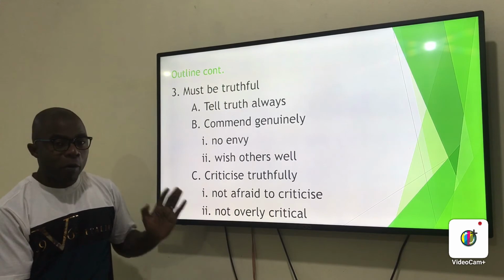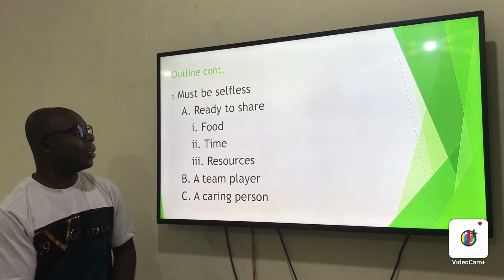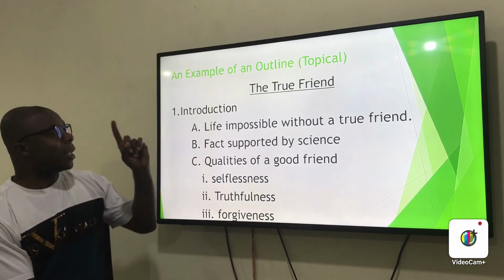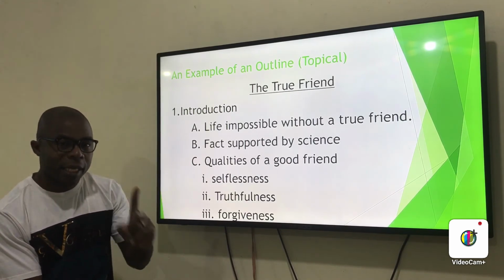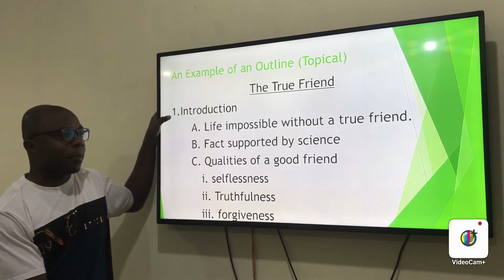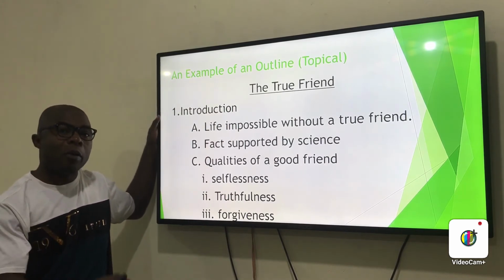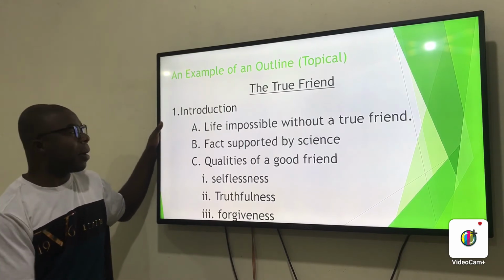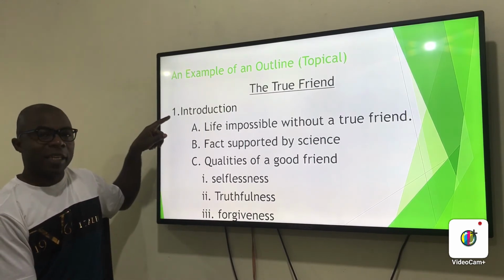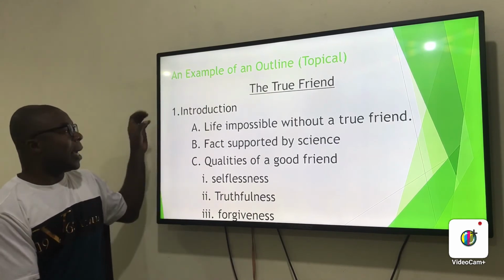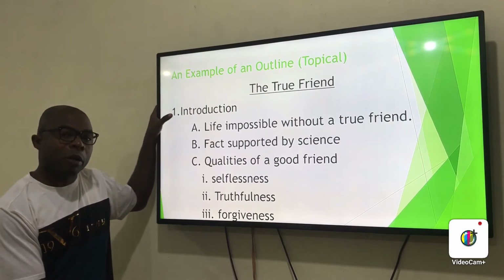Now, so far what we must note is that right from the beginning, the topic sentences are captured in the Arabic numerals, the common 1, 2, 3. So I chose to put my topics in the Arabic numerals.